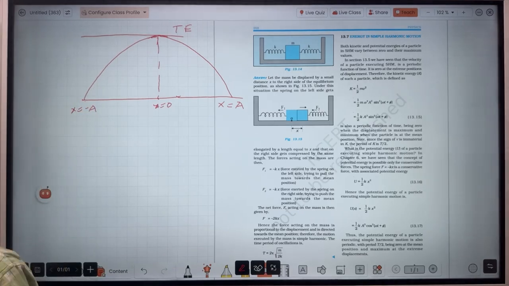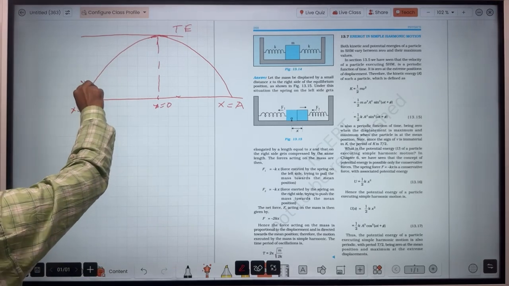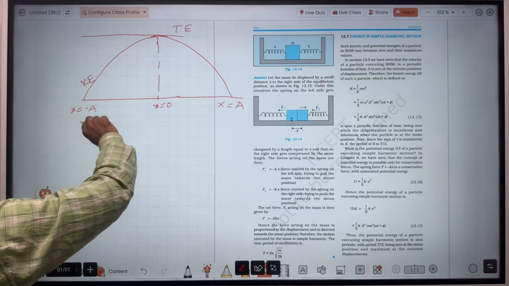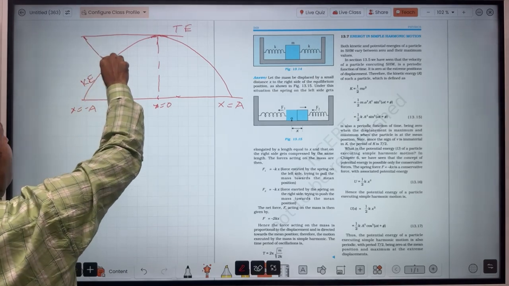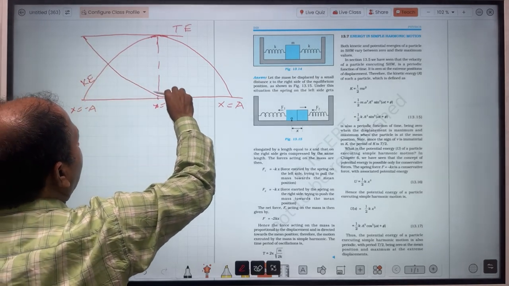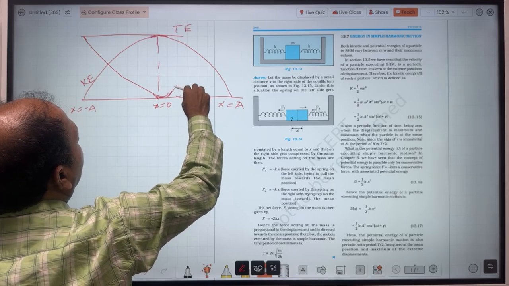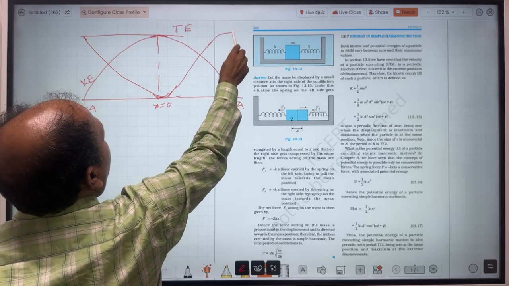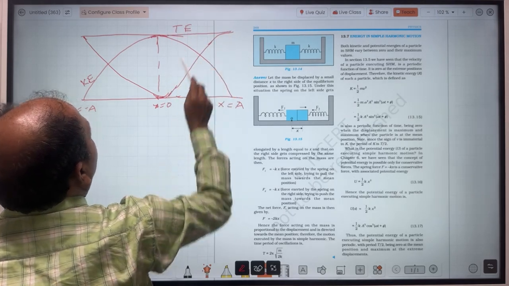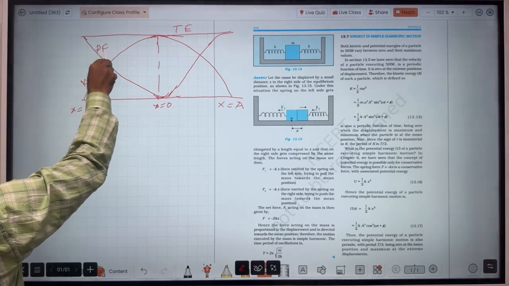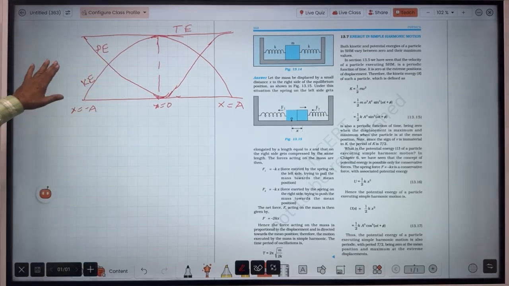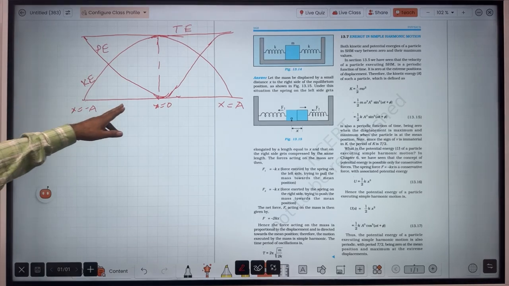So here at this point, what happens? Kinetic energy will be 0, but potential energy will be maximum. So at the same point, the graph will be like this. Whenever P becomes maximum, in that case K becomes minimum, and vice versa.